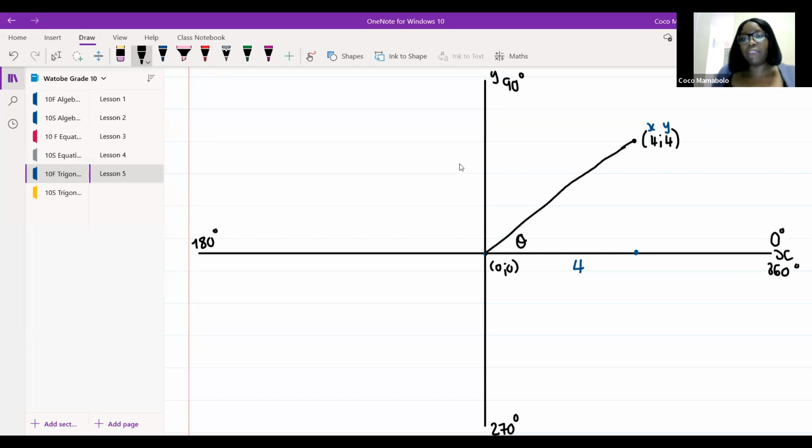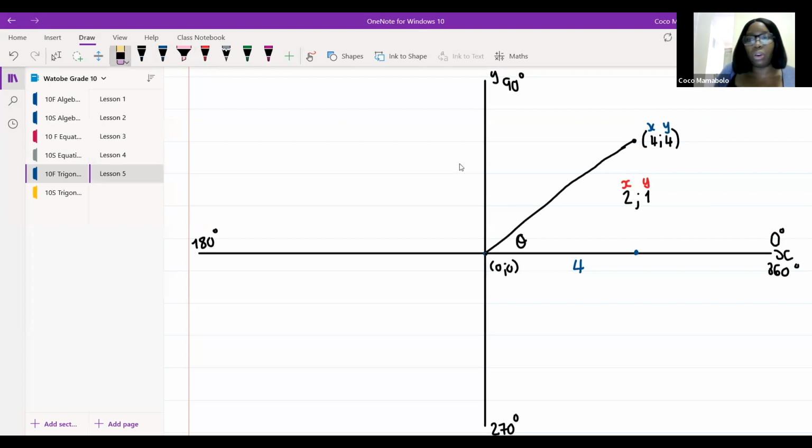So if my coordinate was 2 and 1, this tells me that I had to move 2 units in the x direction and 1 unit in the y direction. That's what this is actually telling me.